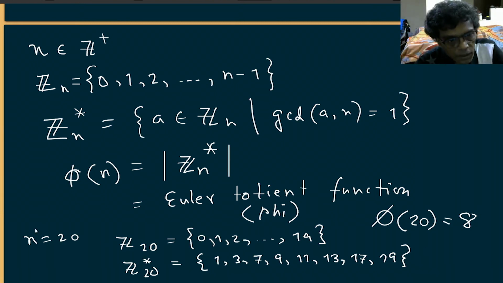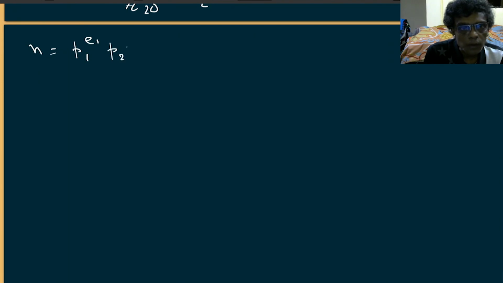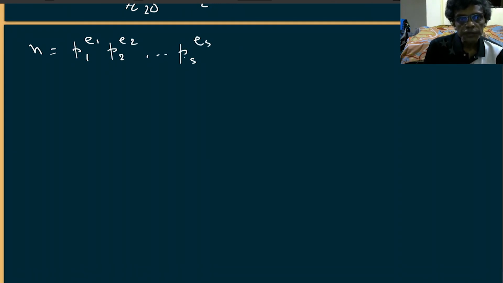So in general, how can we work out a formula for phi of n? Let us see. Okay. So suppose n is p1 power e1, p2 power e2, up to ps power es. Okay. So p1, p2, p3 up to ps, these are all the distinct prime factors of n. e1 can be anything, e2 can be anything positive. Okay.